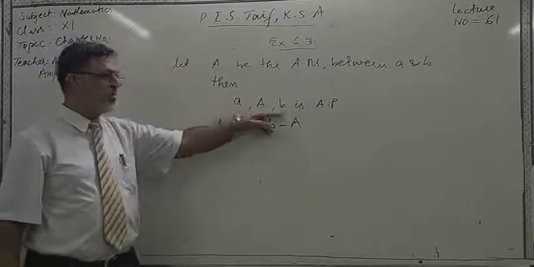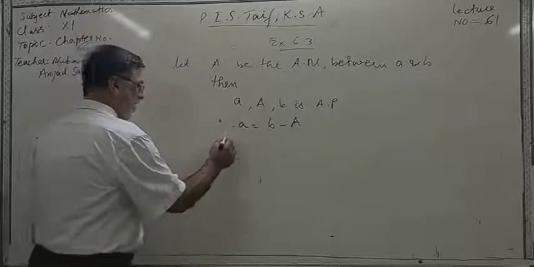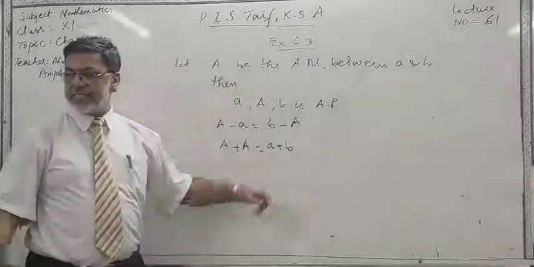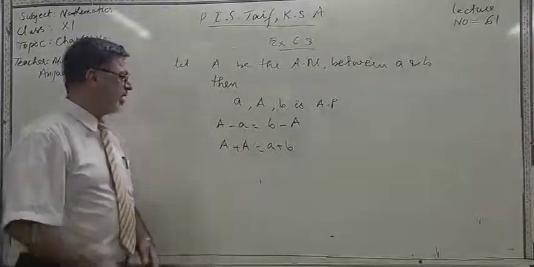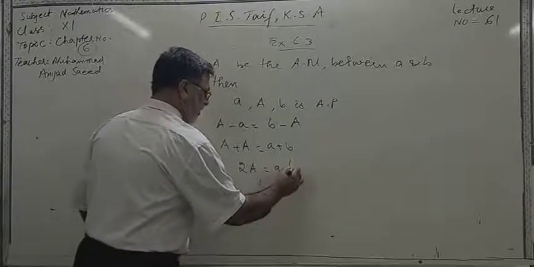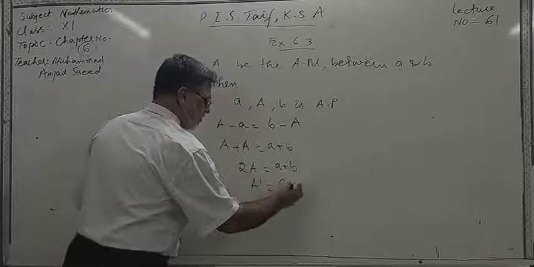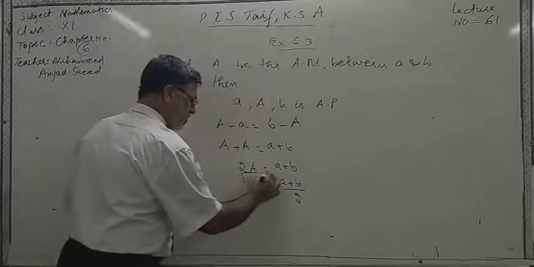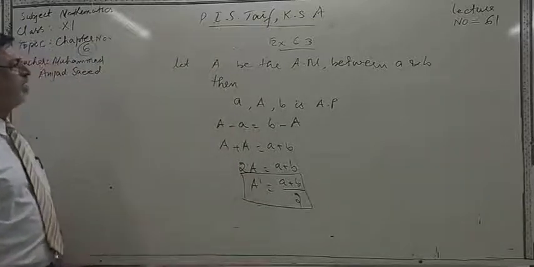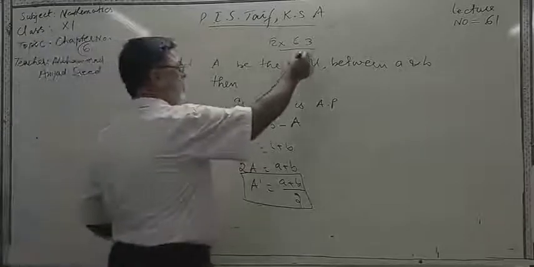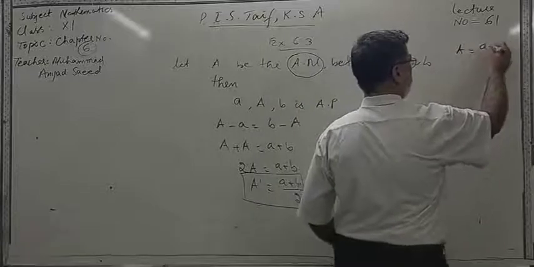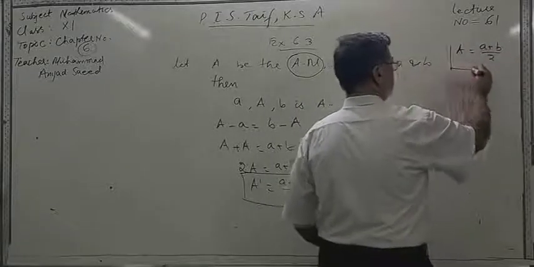So we have A minus a is equal to b minus A. Shift this A to the left hand side and we have 2A is equal to a plus b, and A is equal to (a plus b) over 2. Dear students, this is the formula for the arithmetic mean between any two numbers.